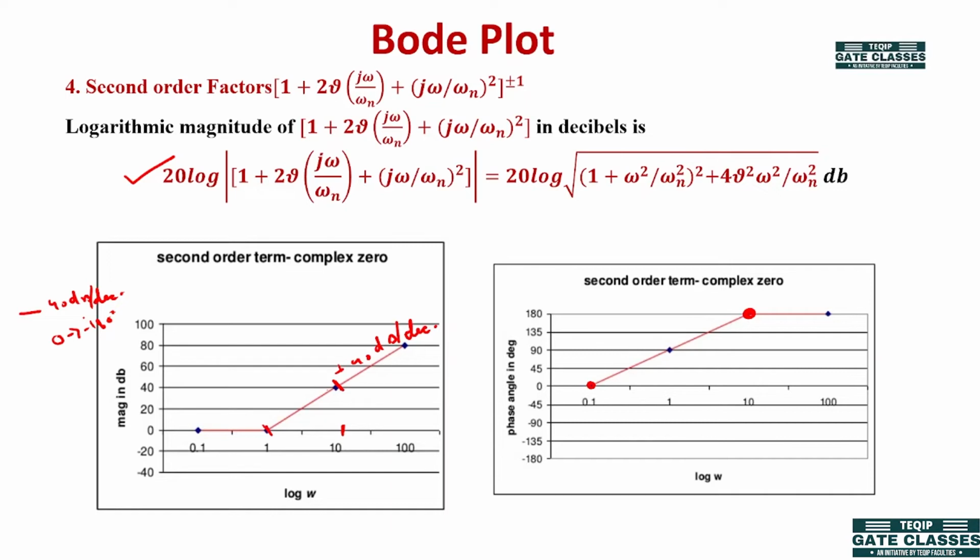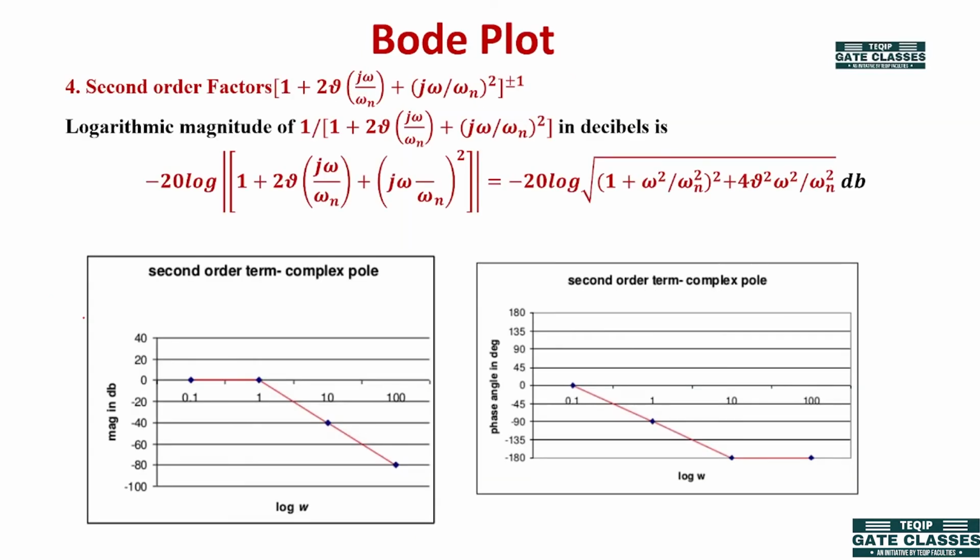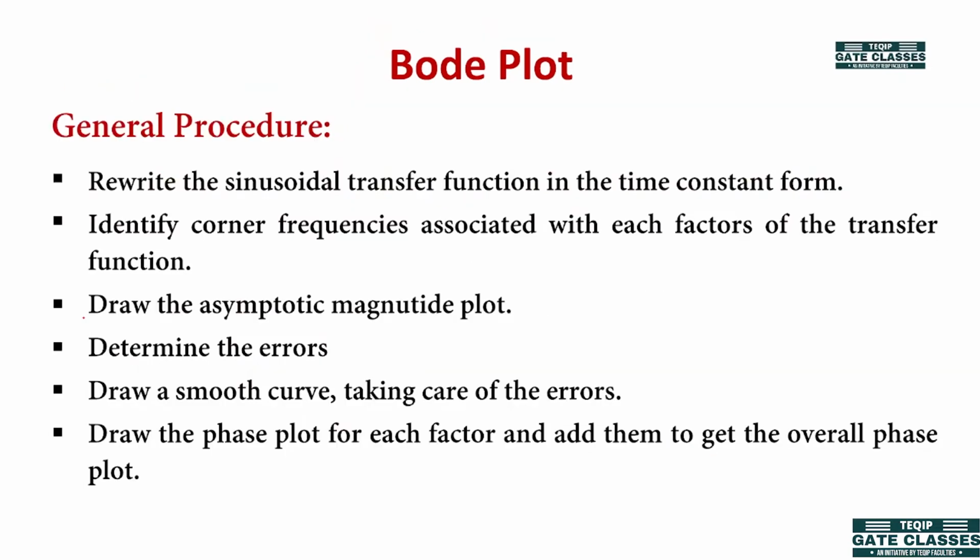And if the order is increasing, that means second order, we have a slope of minus 40 dB per decade for a second order pole, and similarly for first order zeros we have a slope of plus 20 dB per decade, and for second order zero we have a slope of plus 40 dB per decade. So this is shown for the second order pole.